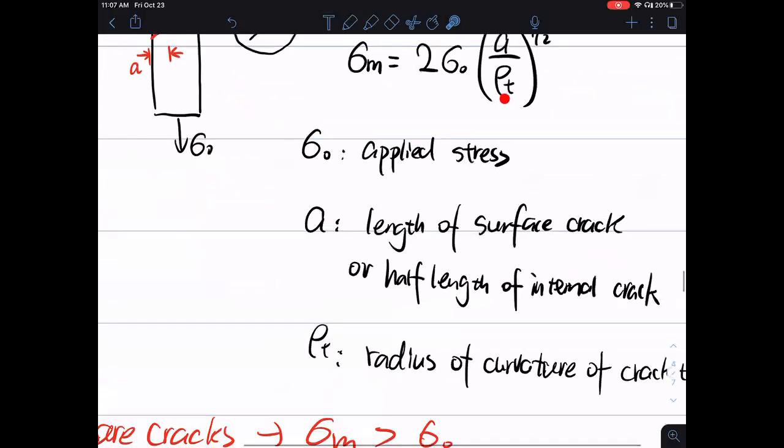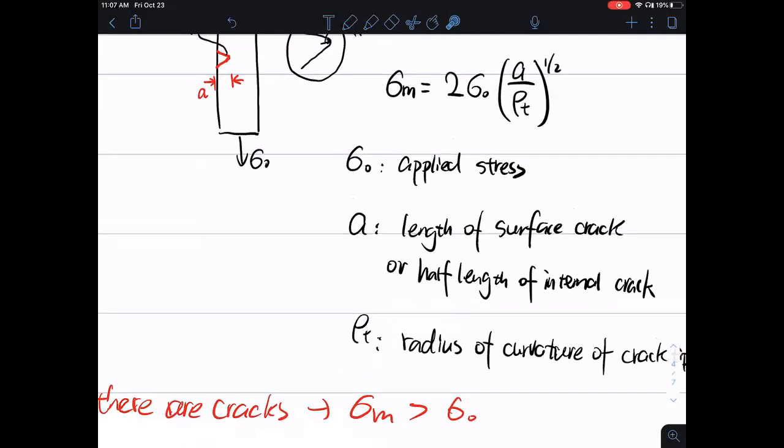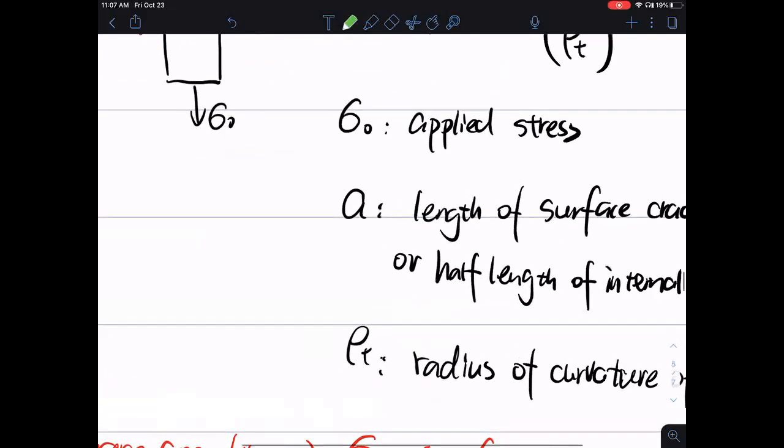And rho T here, it's the curvature of that crack tip. So that's kind of how sharp that crack is. The crack can have a very large rho or very small rho. So rho T controls how sharp that crack tip is.